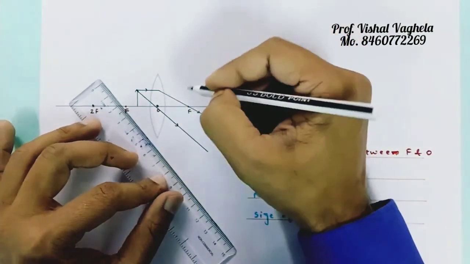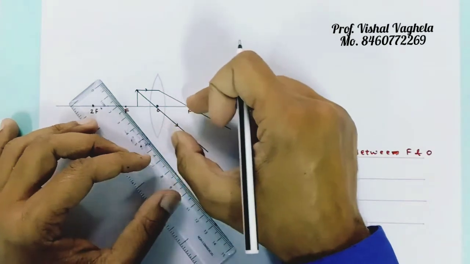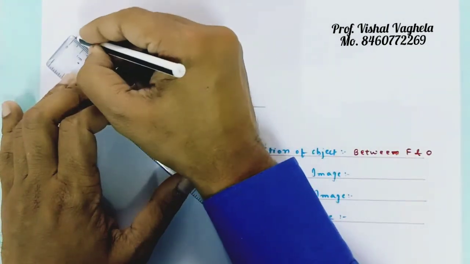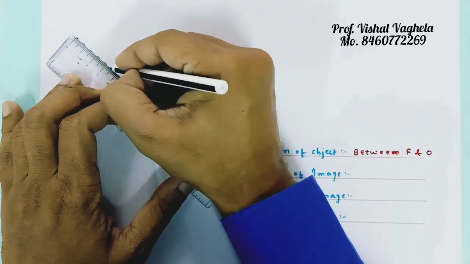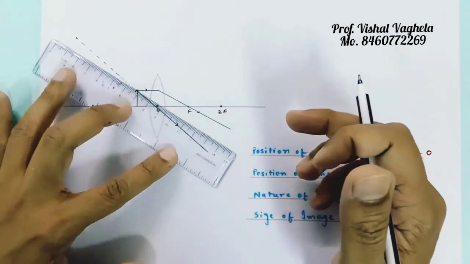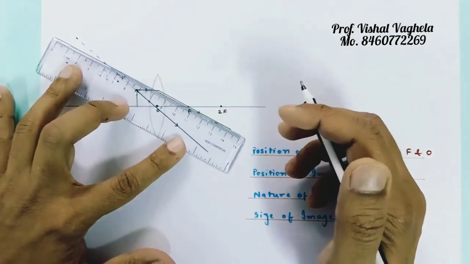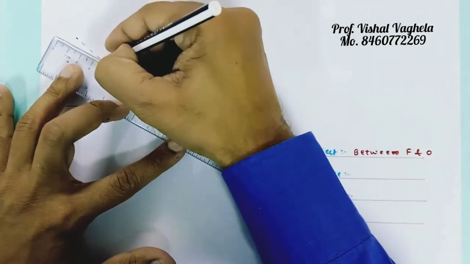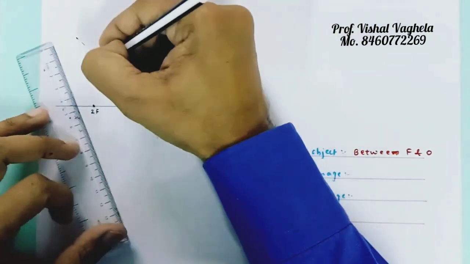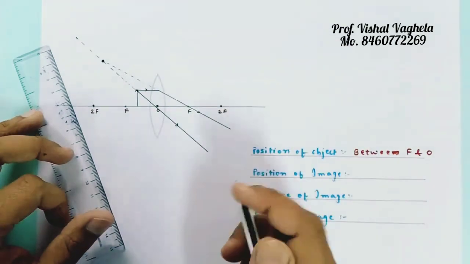Now we know that these two rays are not going to meet because they are diverging. So we extend them in the backward direction. To find the position of the image, we have to extend the rays if they are diverging. So this also again in the backward direction.